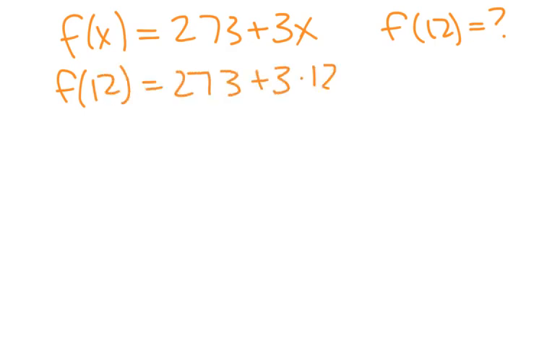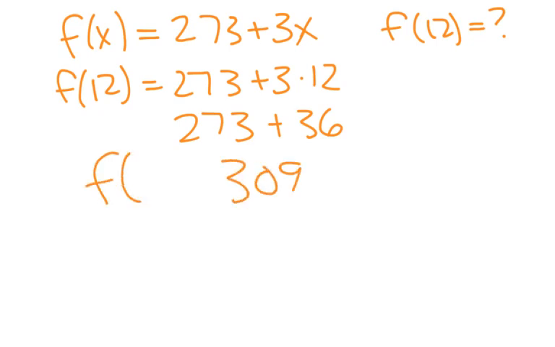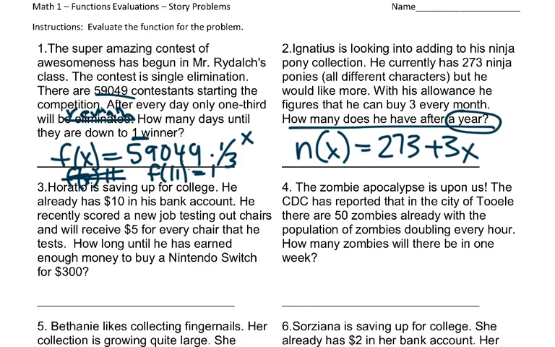I just replace the x with 12, so I get 273 plus 3 times 12, which I should know that that was 36. Add 273 to that, we get 309. So f of 12 equals 309. So in a year, he'll have 309.